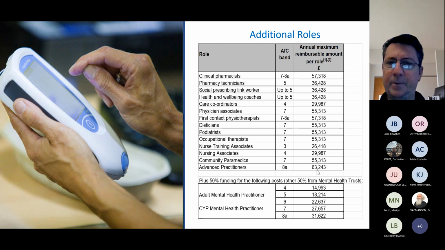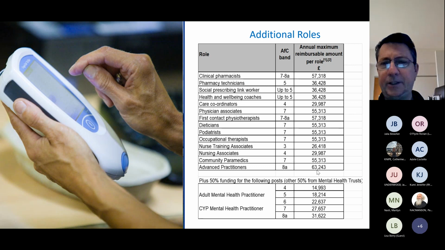Social prescribing is something that tends to be either bought in through organisations like Brighter Futures or similar, or employed directly. Health and well-being coaches and care coordinators: a typical PCN can have anything up to 3 or 4 care coordinators. Physician associates, again quite new, but can have 1 or 2. First contact physiotherapists: I've been banging the drum for physios to be in general practice for years, and that is something that can now happen within primary care.